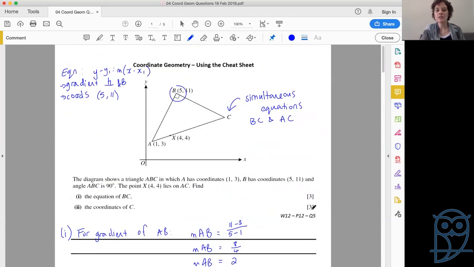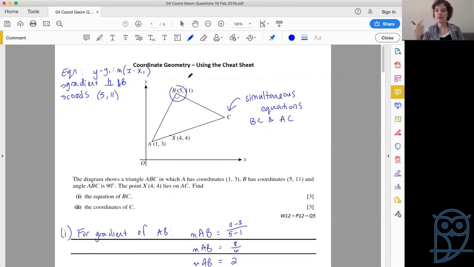Then we go back to our diagram. Okay, our diagram is not to scale, but does (13, 7) make sense? 13, yeah, it's way up on the x. 7, yeah, it's between 4 and 11. So it's not exact, it's not something we can measure, but if, for example, we'd gotten our coordinate back to front and written (7, 13), then we'd be saying, oh, hold on, C can't be 13 if B is 11.